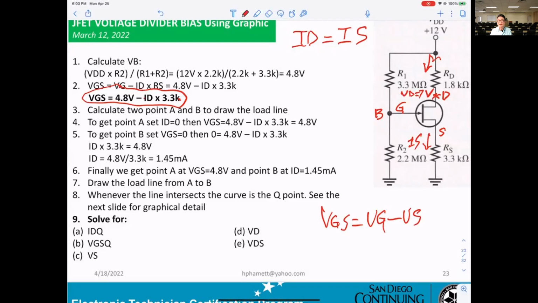So you don't need the graphic. Most of the textbooks for technicians, when you work with DC bias for either voltage divider bias or self bias, they give you an extra value. So you don't need any graphic.